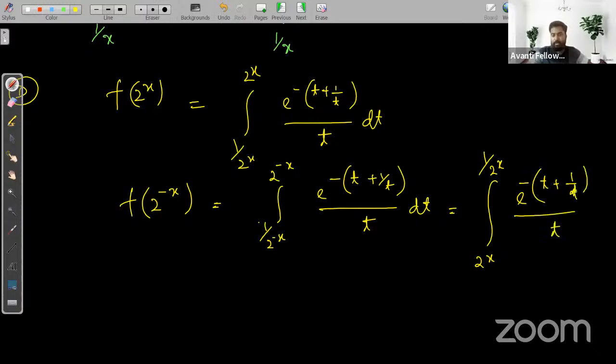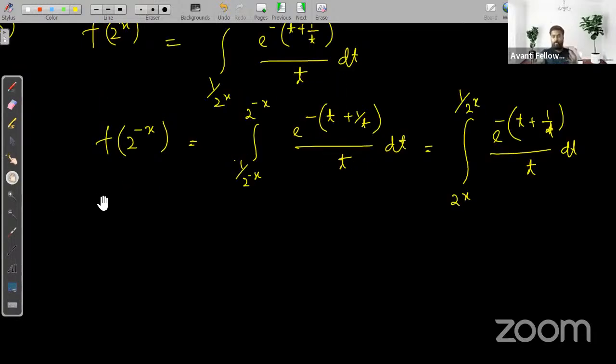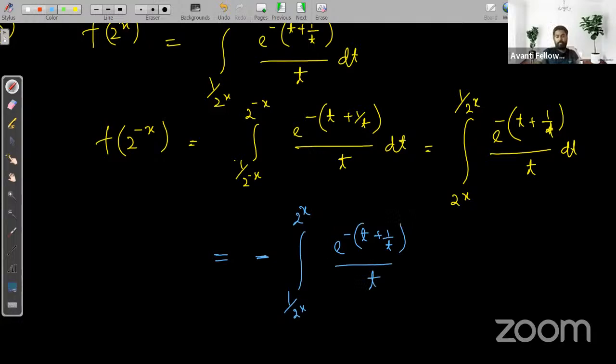Now if I ask you to interchange the limits of the integral, that means we need to multiply by minus. So this gives you the integral from 1 by 2 raised to x to 2 raised to x of e to the power minus of (t plus 1 by t) divided by t dt. Now you can observe what integral you are getting.